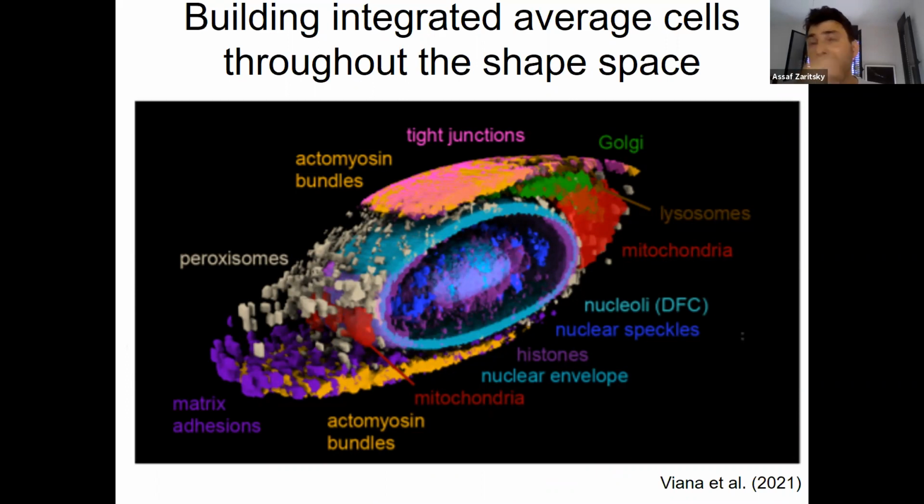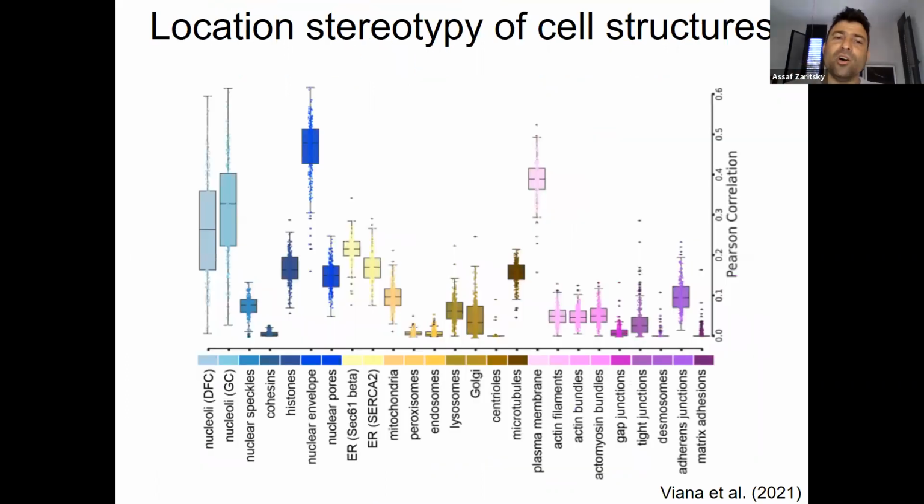They also had a measure of how well you can predict the localization of an organelle when you know the shape of the cell. There are specific organelles that you can predict very well, where you know how the cells look, and some of them you know less well.